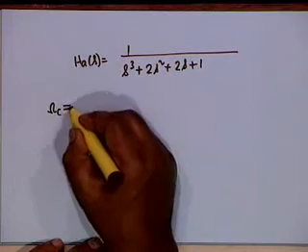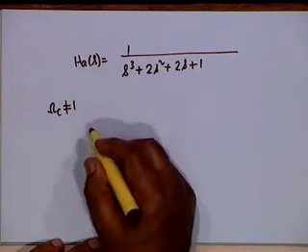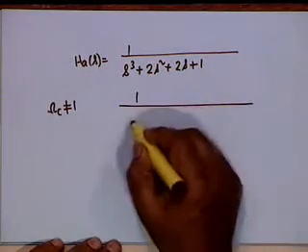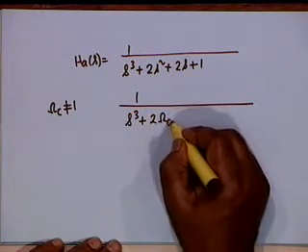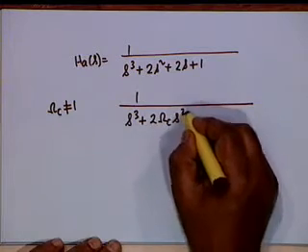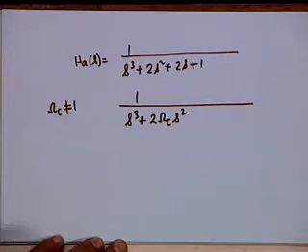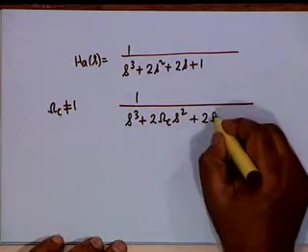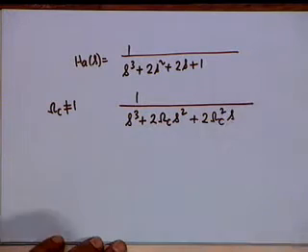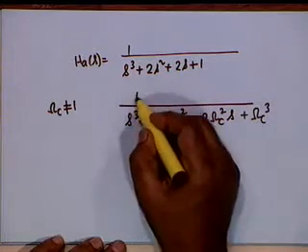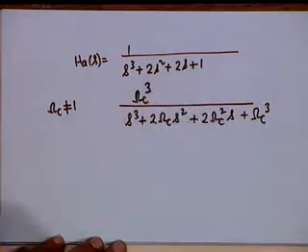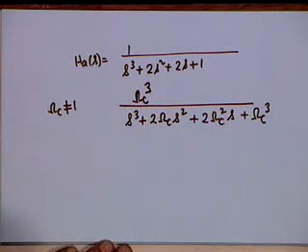And if omega c is not equal to 1, then all that we have to modify is S cubed plus twice omega c s squared plus twice omega c squared s plus omega c whole cubed, and the numerator would be omega c whole cubed. That is, we have to replace small s by s over omega c.